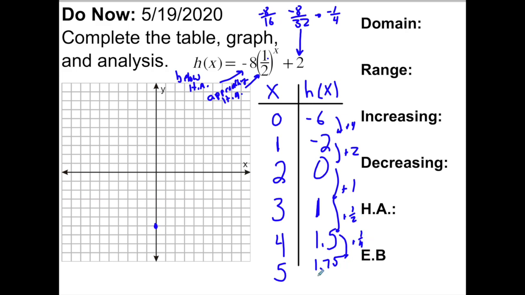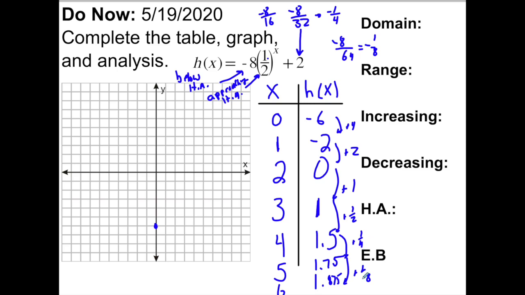What do you think I'm going to go up by next? Think about it. Look at this pattern here. Next, I should be going up by an eighth. Let's see if that happens. I just want to see. So at 6, we get negative 8 over 64, which is negative 1/8. So we get 1 and 7/8, which is 1.875. Nice.